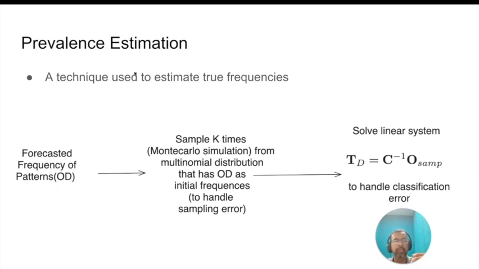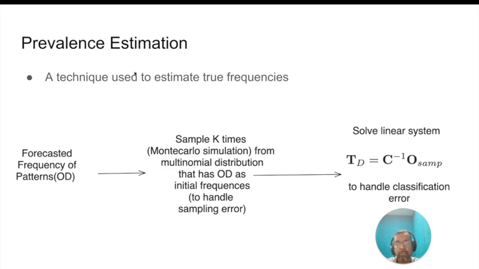So the process to handle these 2 errors is, we define a multinomial distribution with OD as the initial frequencies. Then we sample from that distribution, and for each sample we do an inverse calculation by solving the linear system. On the right hand side, we estimate the actual true frequency.